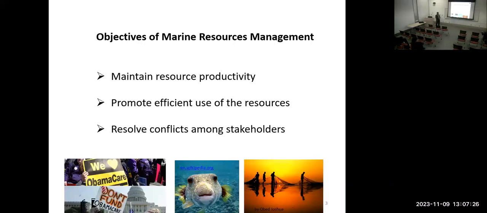So that means efficient use of resources to serve humans and society. And then again, we all have different views on a lot of things, and I think management should try to resolve conflicts among stakeholders. So those are three major objectives, but I think the first one, you have to maintain resource productivity. So how can we do that?